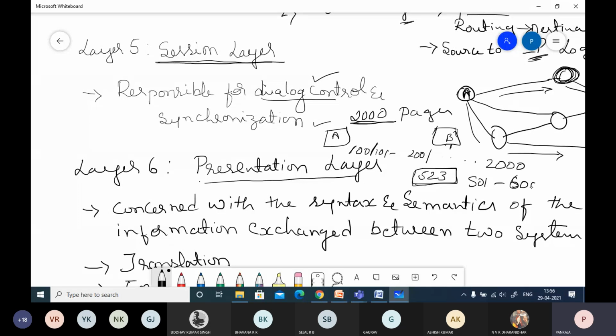It does not require resending all the pages. It is putting checkpoints between the pages and verifying whether the data is received, instead of sending all the pages and waiting for the acknowledgement. This is one way of achieving synchronization.